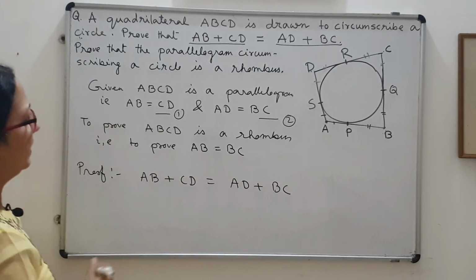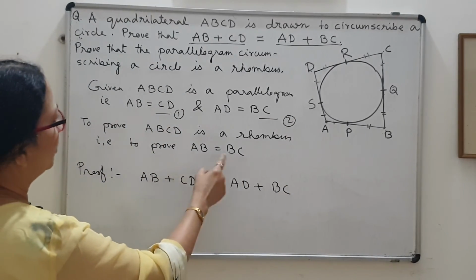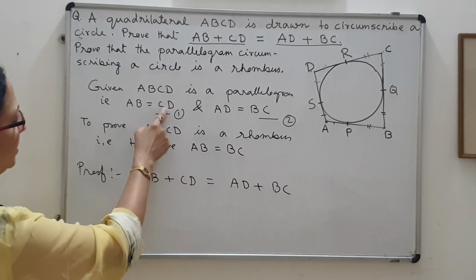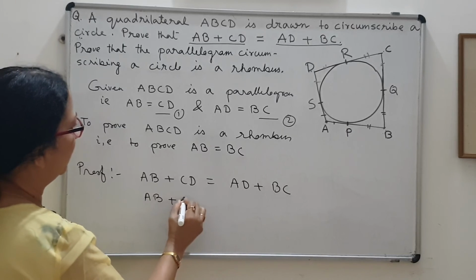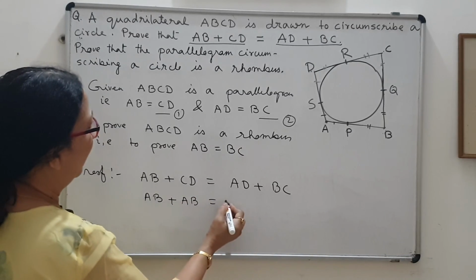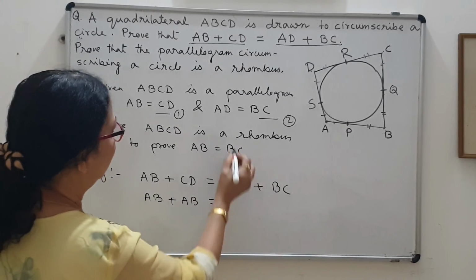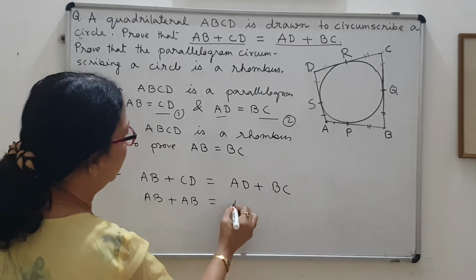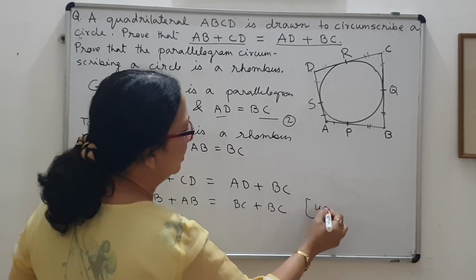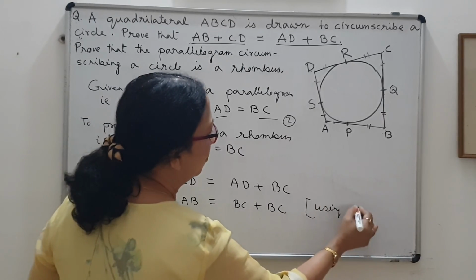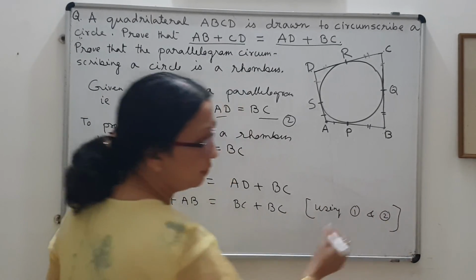I have to prove AB is equal to BC, so I change CD by AB. So I can write AB plus AB, this is also AB by equation 1, and AD is equal to BC, so in place of AD I write BC plus BC, using equations 1 and 2 which were given to us.